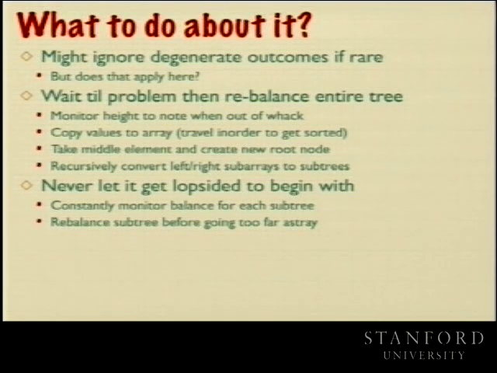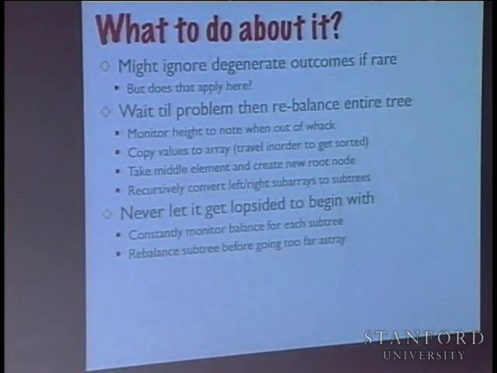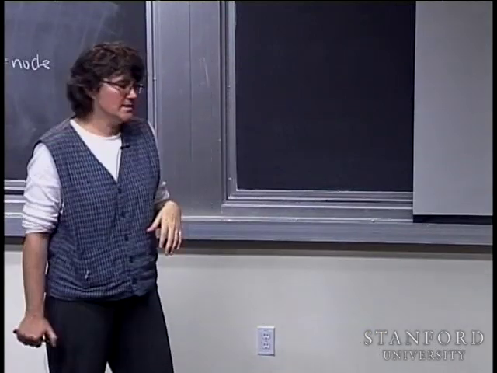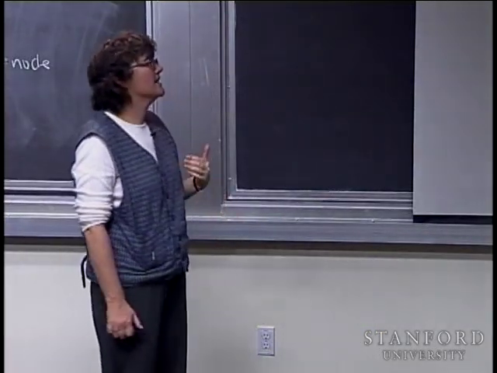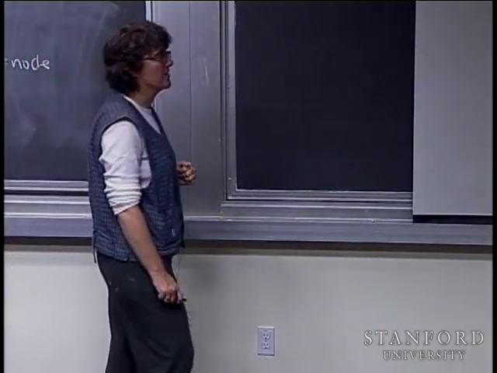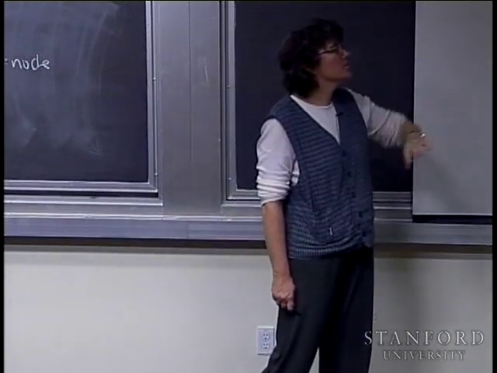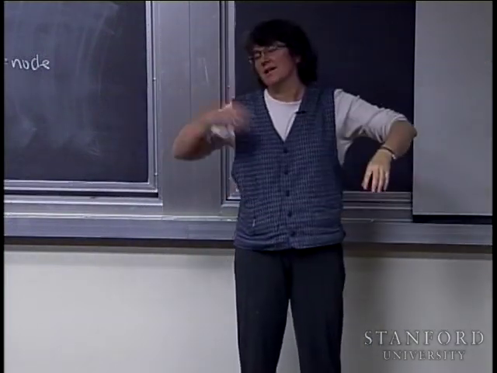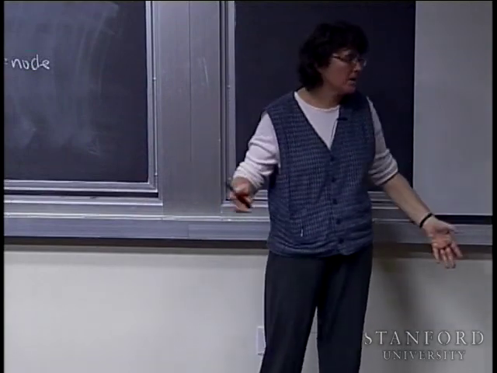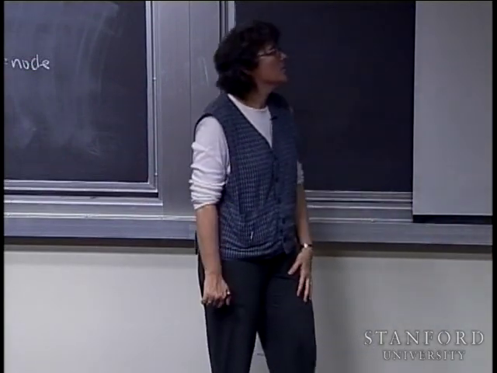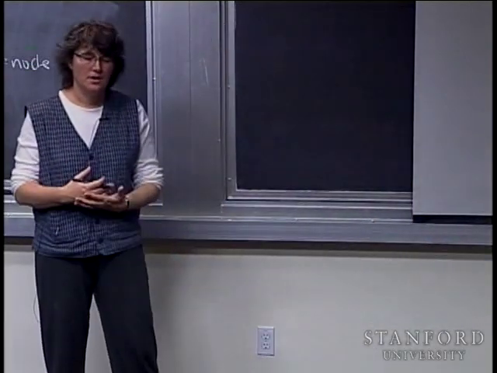And there are two main strategies if you've agreed to take action about it. The first one is to wait until the problem gets bad enough that you then decide to do something about it. So you don't do any rebalancing as you go. You just let stuff go left, right, whatever's happening, and you try to keep track of the height of your tree.